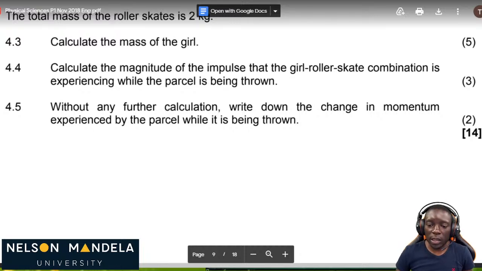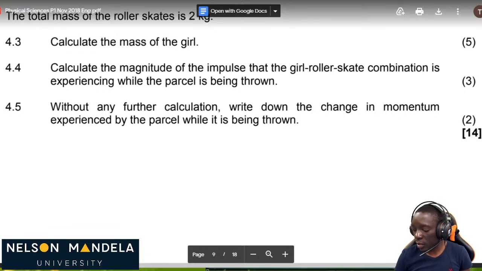So in this case, where there's no impact, we just have a case whereby the girl throws the parcel to the right, and because of momentum conservation, the force on the girl by Newton's third law makes the girl move to the left with a certain velocity. So now the change in momentum is simply the final momentum minus initial momentum.